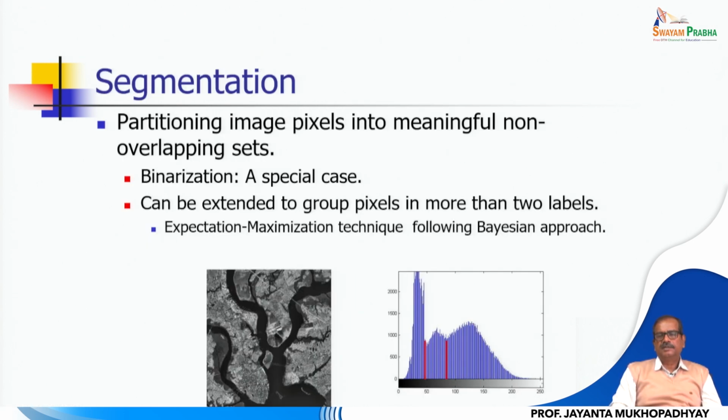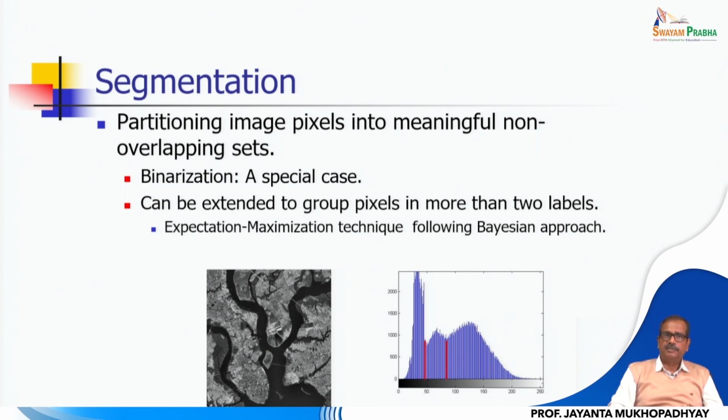The next operation we would like to discuss here is the segmentation of images. We have discussed binarization, which is basically classification into two classes, or partitioning of image pixels into two distinct classes.